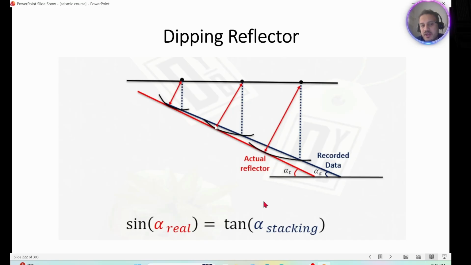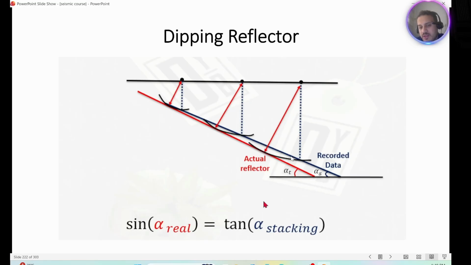This is the true reflection, but it will assume these reflections on the seismic trace come from a direct vertical line beneath the receiver, but they are actually coming from different angles. So this is the recorded data, the blue line. It will be the recorded reflections on the seismic trace, but we need to calculate the actual reflections. So that's why we do the migration.